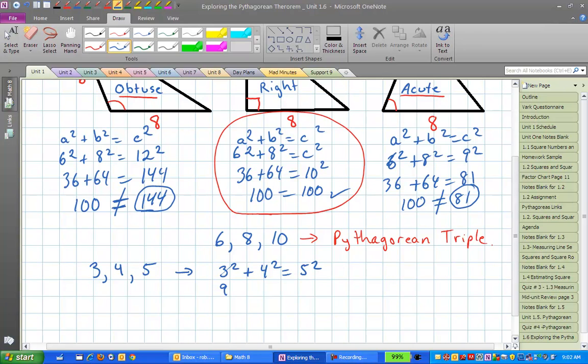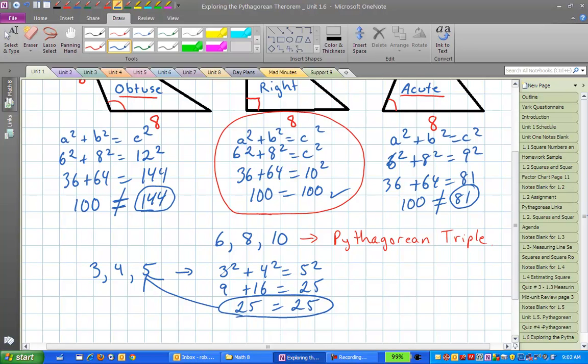So we go 9 plus 16 equals 25. 25 equals 25. So we know, yes, this works. These three numbers make a Pythagorean triple.